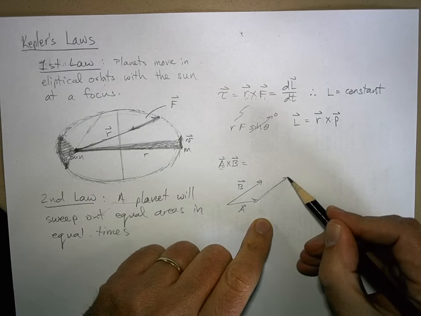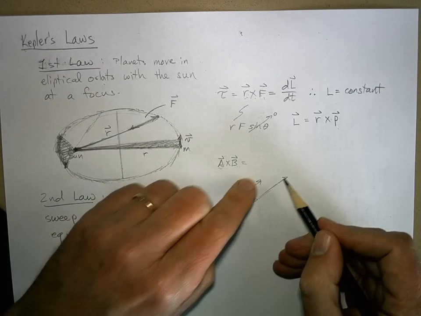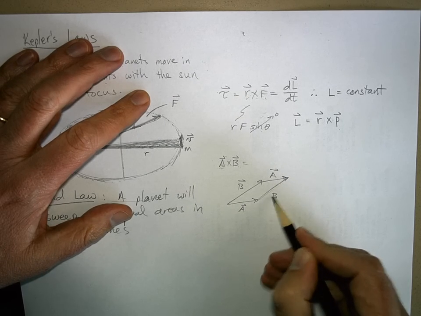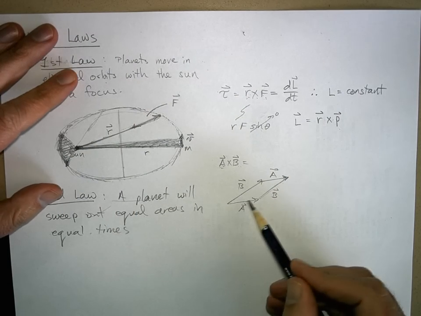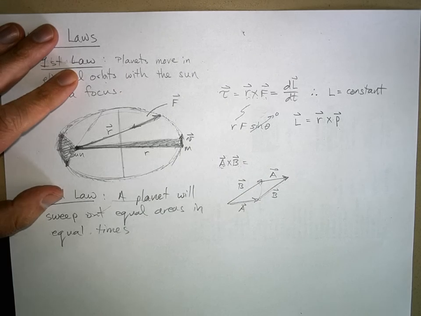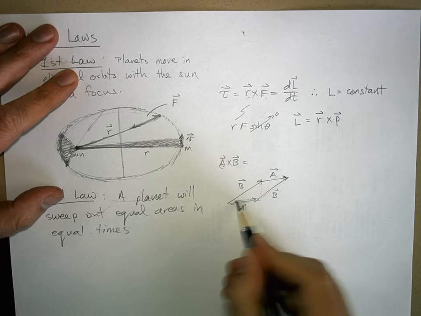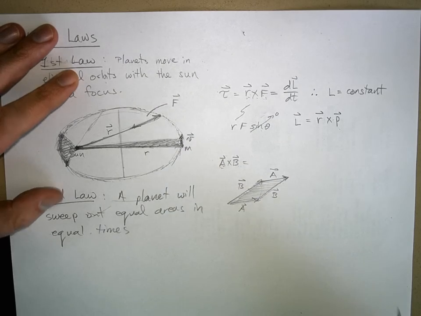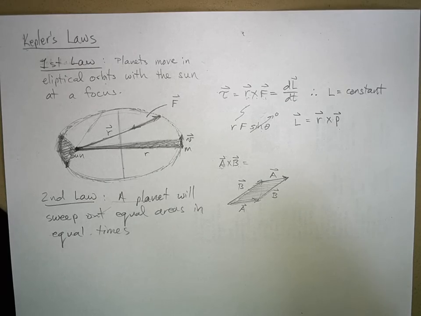So here's another B, and then we'll put A up here. So the magnitude of A cross B is the area of a parallelogram. Now, just accept that, okay?